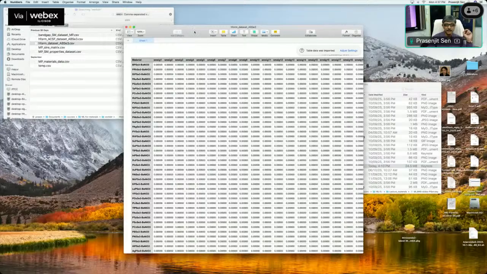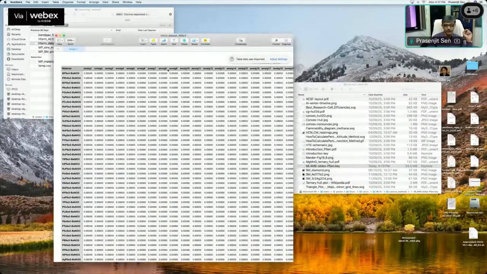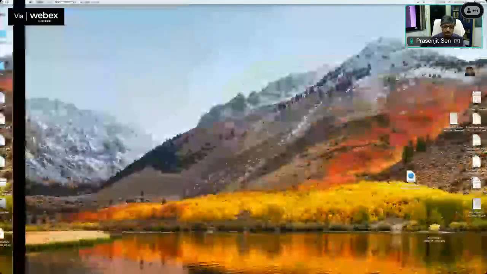So here is the data set that we had created. I had shown you in one of the earlier classes. This is the heat of formation data set for ABAC3 kind of materials, and the features that are calculated here are the eigenvalues of the sine matrix. So, oops, I'm sorry.